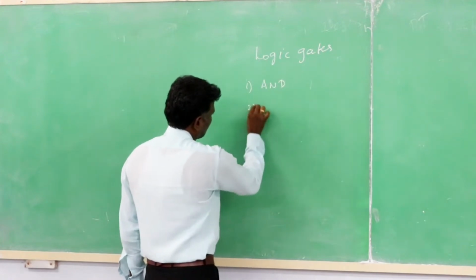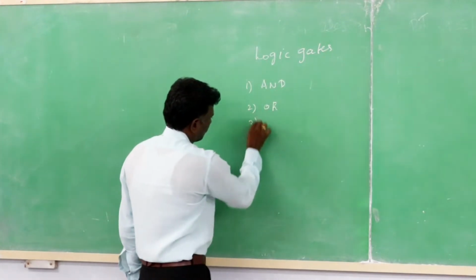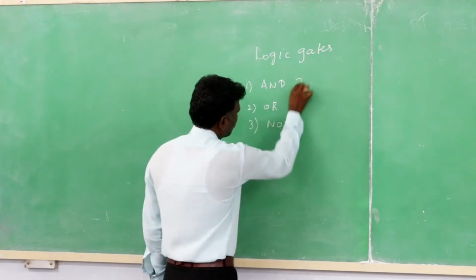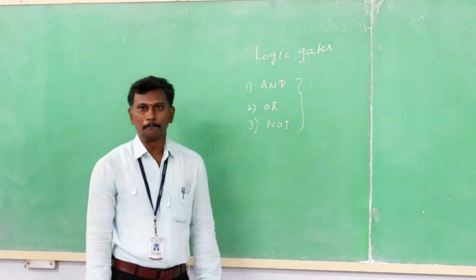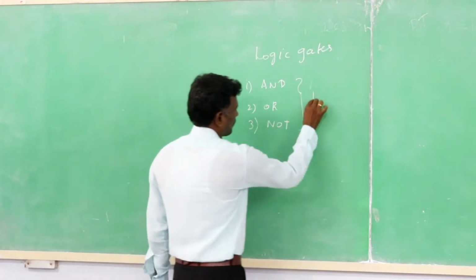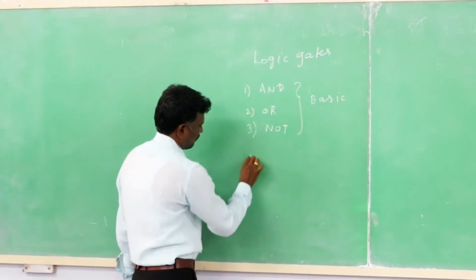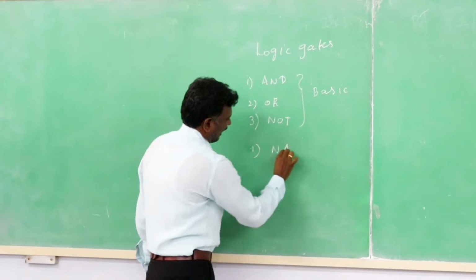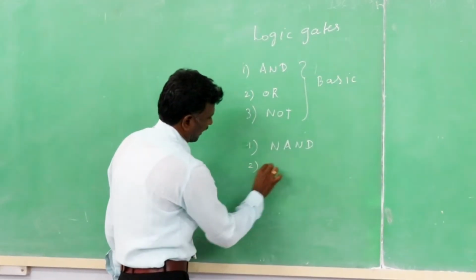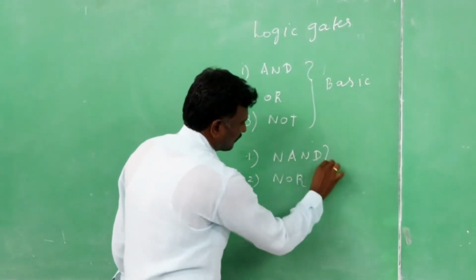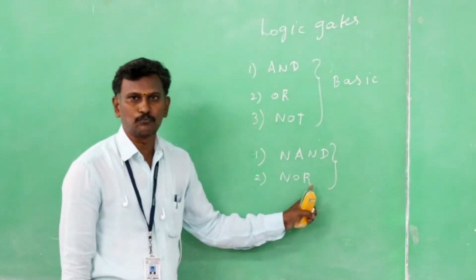The basic gates are AND, OR, and the third one, NOT gate. These three gates are basic gates. Again, NAND gate and, second one, NOR gate. These two gates are called universal gates.